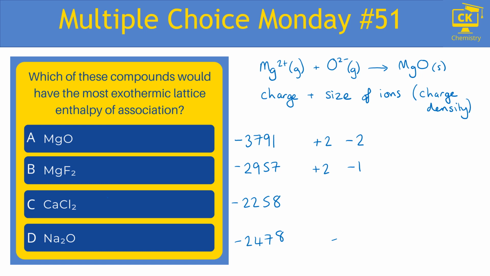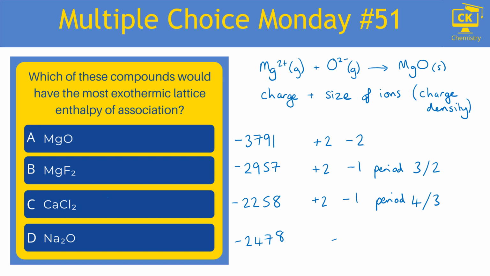So we have the same charges as we have for magnesium fluoride, but calcium is below magnesium in group 2, and chloride is below fluorine in group 7. So although we've still got the same charges, +2, -1, we're now in period 4 and 3, whereas in here for magnesium we're in period 3, and for fluorine we're in period 2.